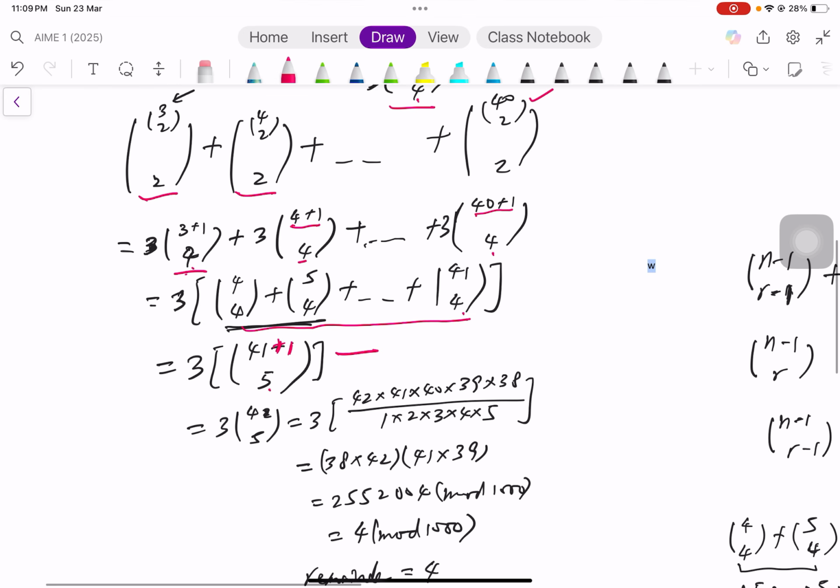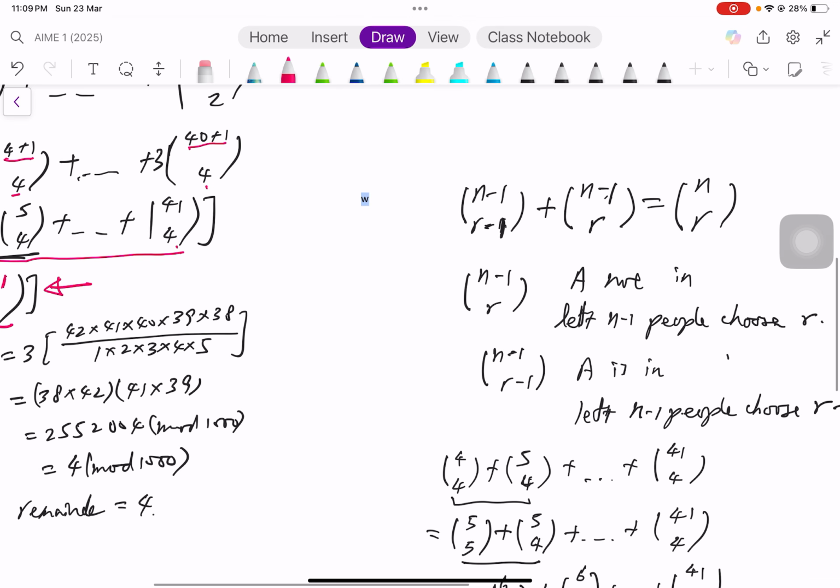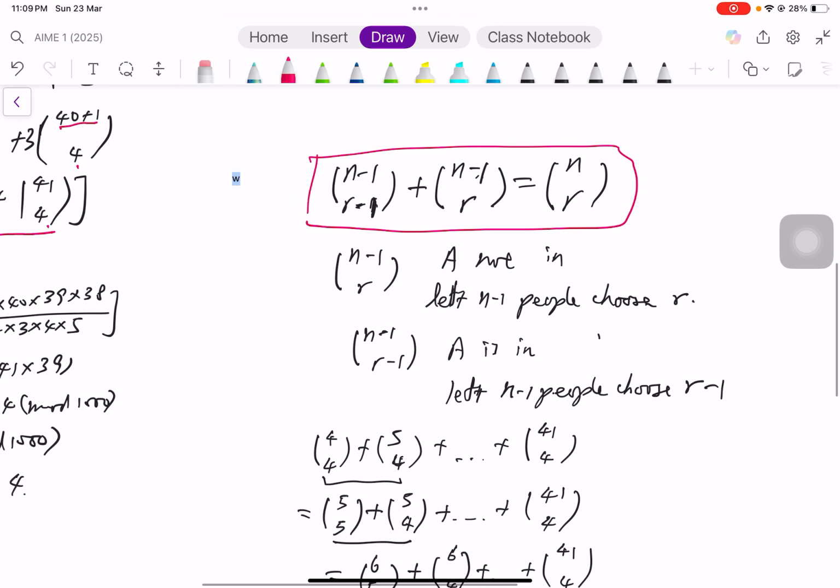Let me explain the result here. We look at this result first: (n minus 1)C(r minus 1) plus (n minus 1)Cr is equal to nCr. nCr means that out of these n people, you want to choose r people.